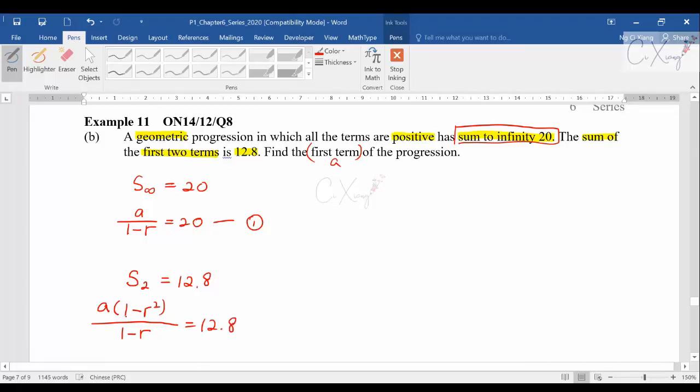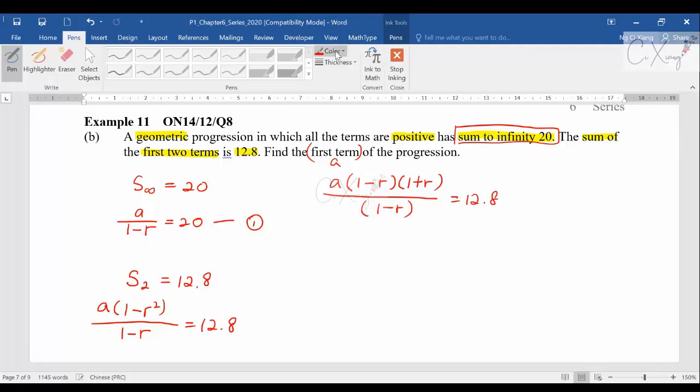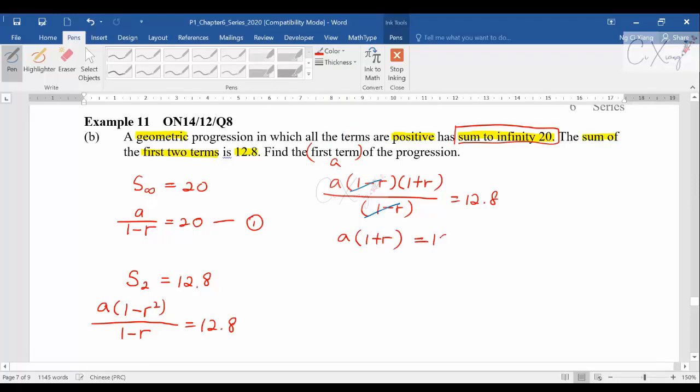This equation looks a bit complicated, so if possible, I wish to simplify it first before continuing to a solution. To simplify this part, 1 minus R squared, you can rephrase it as 1 minus R times 1 plus R, then divided by 1 minus R equals 12.8. From here you can simplify the 1 minus R with the 1 minus R, and then you have the second equation, A times 1 plus R equals 12.8. I will make it the second equation.